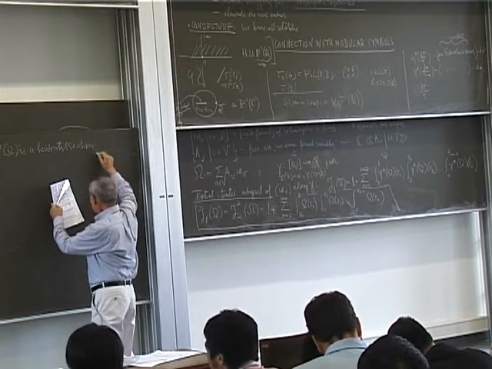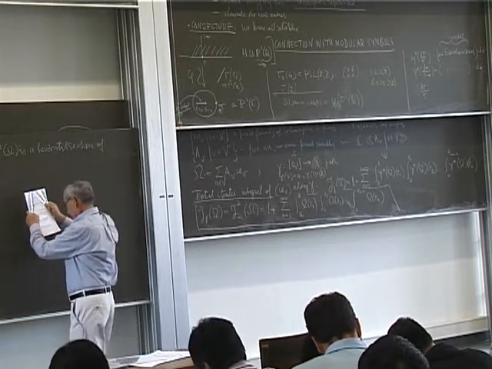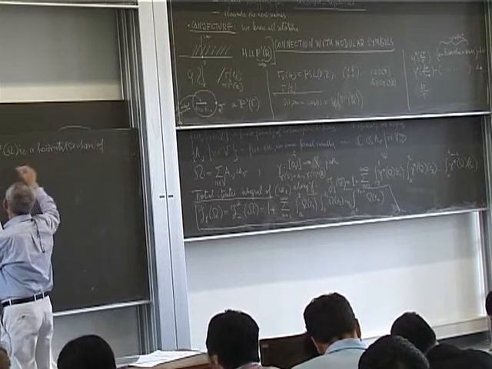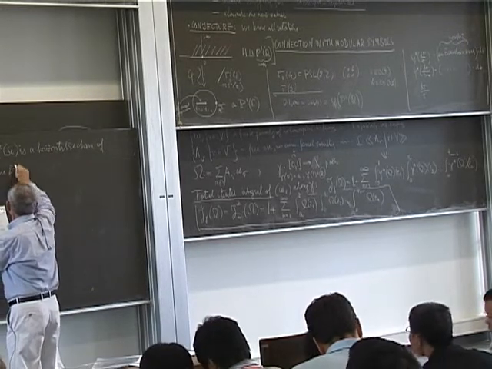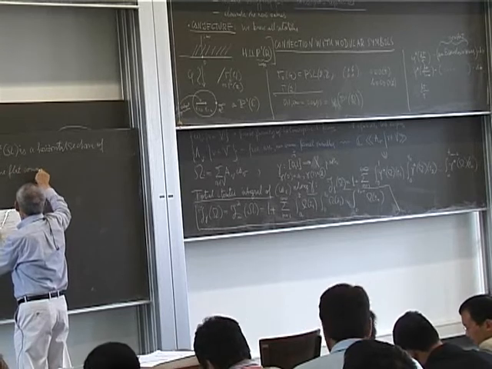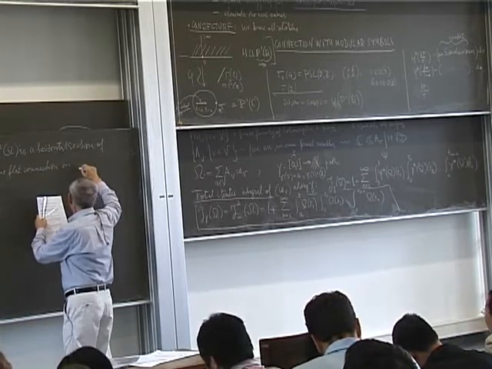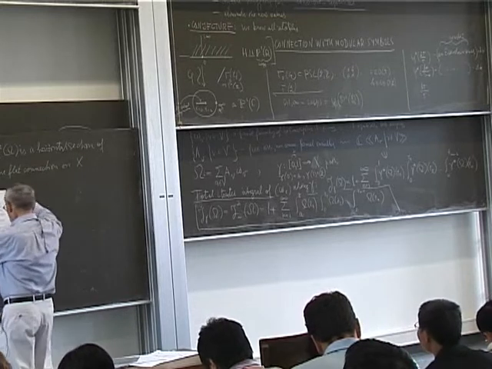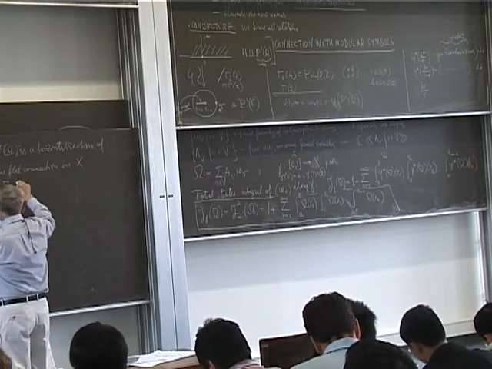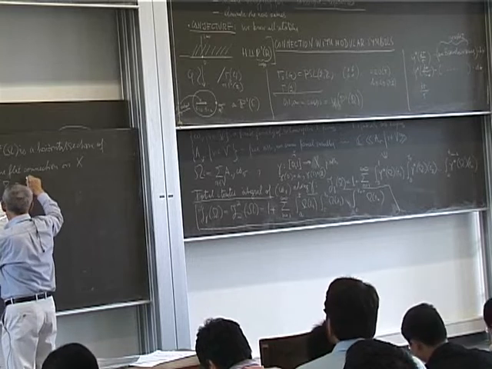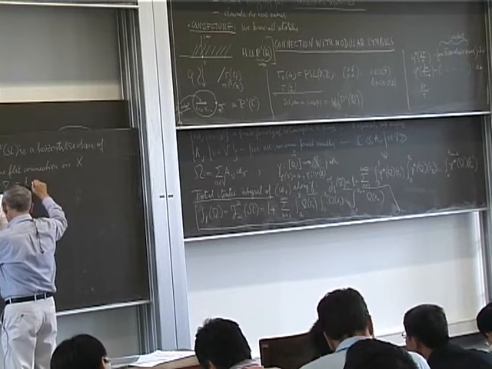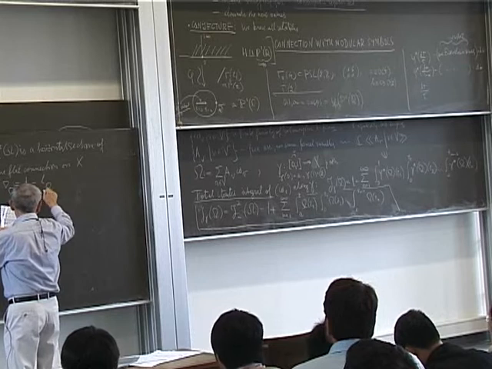Horizontal section of the flat connection on X, with the connection which is just d with respect to Z minus left multiplication by omega.